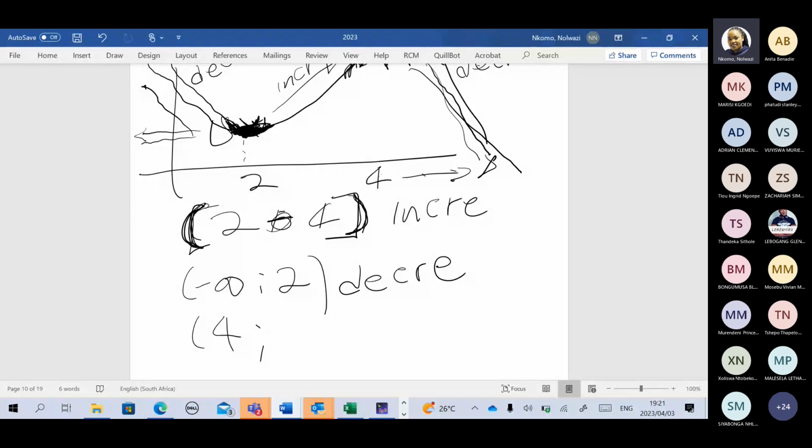And if we don't know that number and it's increasing, we say it's positive infinity. So it's decreasing from minus infinity to 2 and from 4 to infinity. And it's increasing from 2 to 4.